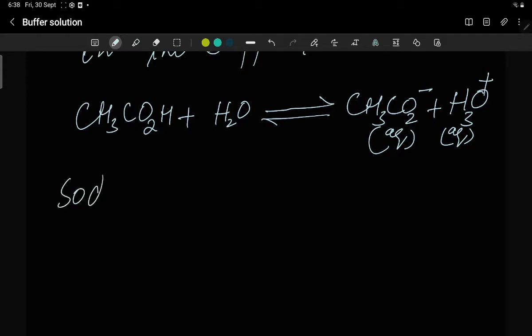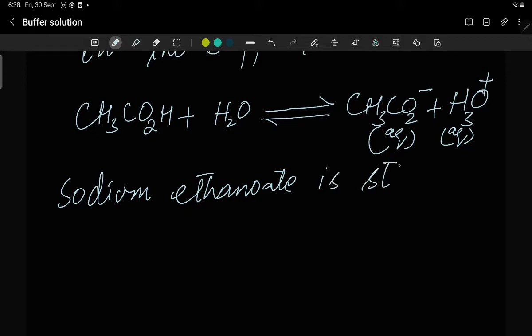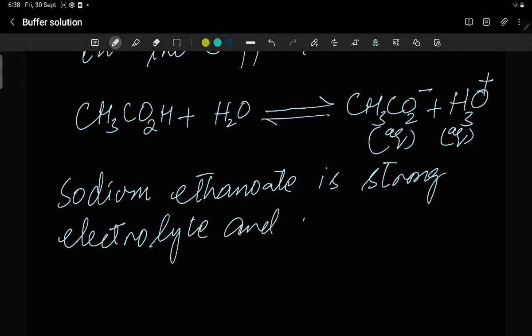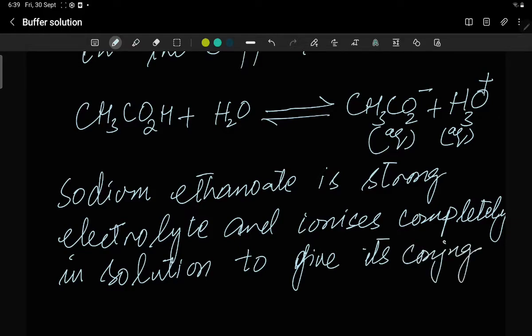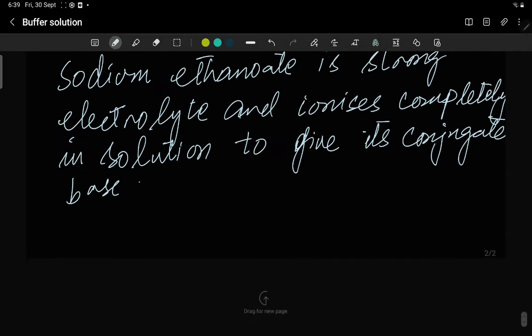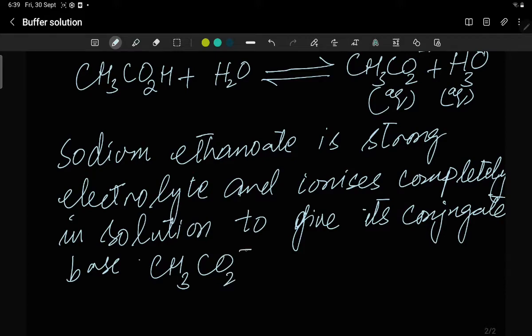And we know that sodium ethanoate is a strong electrolyte and ionizes completely in solution to give its conjugate base, CH3CO2 negative ion.